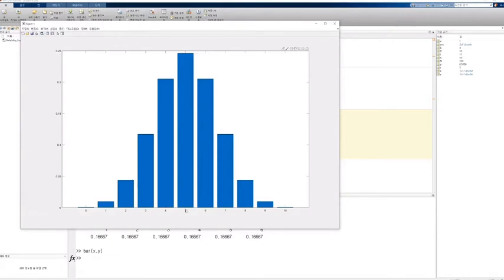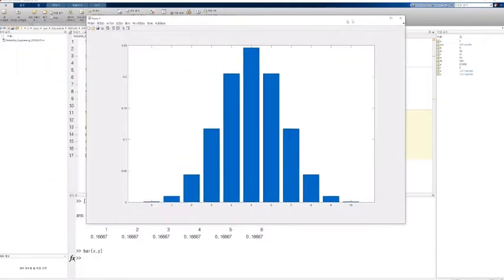So there are very small probabilities of having no success. And of course, 5 has the highest probability when we observe 5 successes out of 10. And also we have the probability that there are 10 successes out of 10 trials.